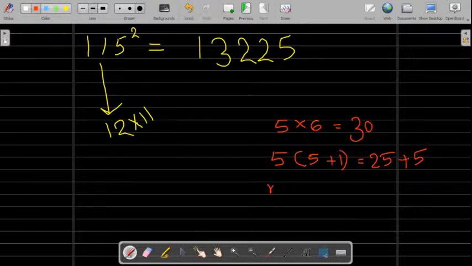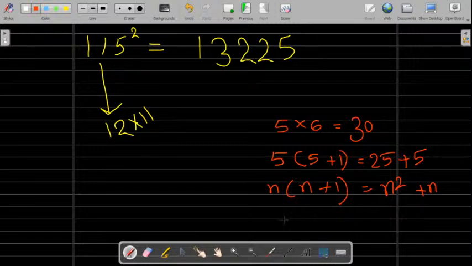So n into n plus 1 is equal to how much? n into n means n square, plus n. n into n plus 1 is equal to n square plus n, right?